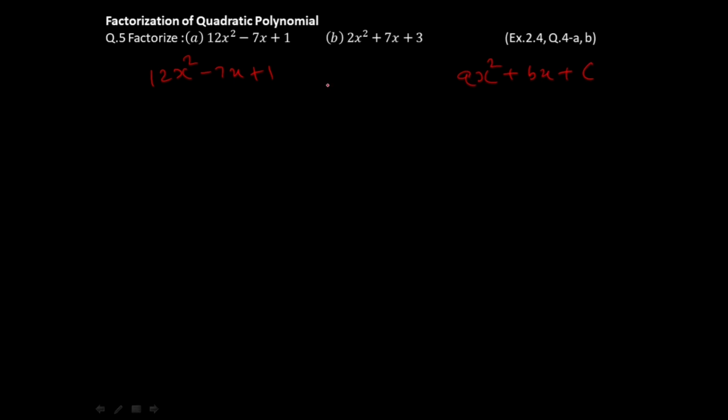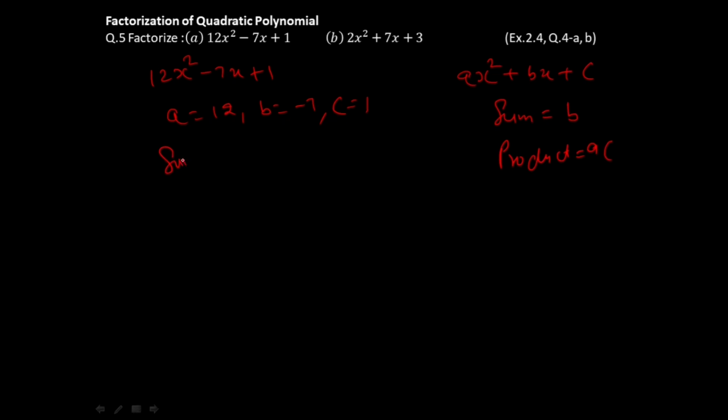So if I compare this polynomial with that, what is a over here? 12. What is b here? Negative 7. And what is c? Positive 1. After that, I'm supposed to find the sum and the product. Sum is nothing but b, and the product should be a times c.